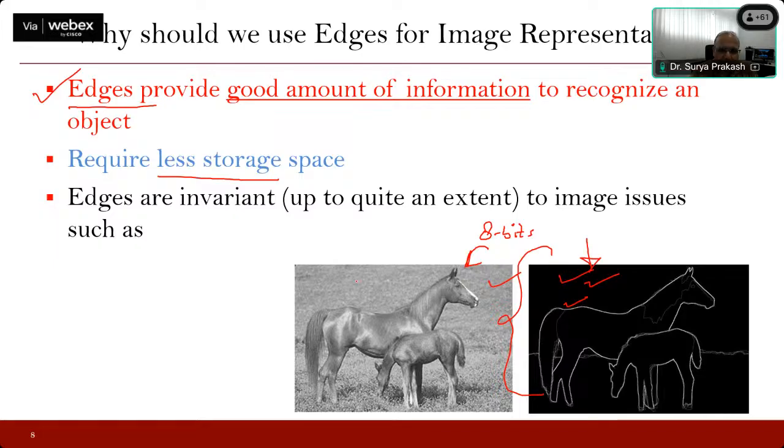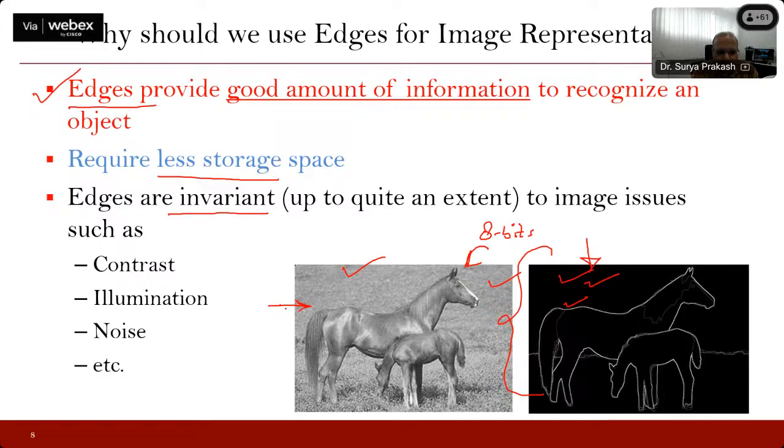Also, another good thing about them is that these edges are invariant to many image issues, for example, contrast, image illumination, or noise. If you see the content of the complete image in the form of a grayscale image, as you see on the left, the pixel values will change if the image is highly illuminated, or it has noise, or there is a contrast issue.